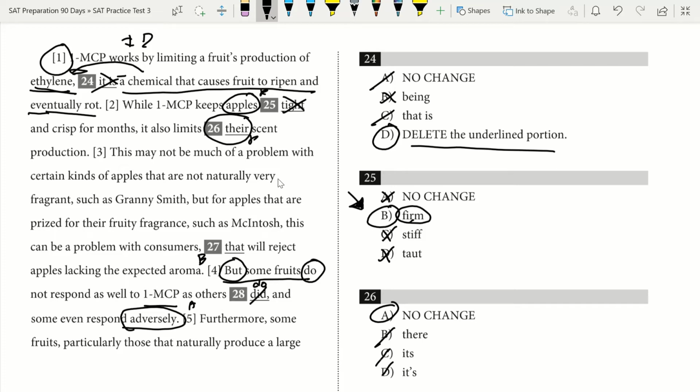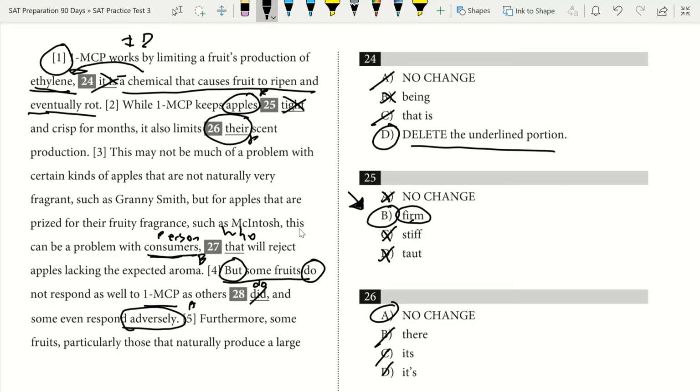All right, question 27, we'll work our way down. "This may not be much of a problem with certain kinds of apples that are not naturally very fragrant, such as Granny Smith, but for apples that are prized for their fruity fragrance, such as Macintosh, this could be a problem with consumers who will reject apples lacking the expected aroma." If we're going to have a comma after some sort of a people or a place, and then have a comma, we're going to want to use "who" if it's a person or a group of people.